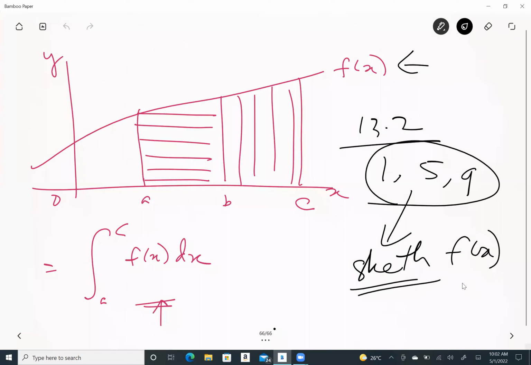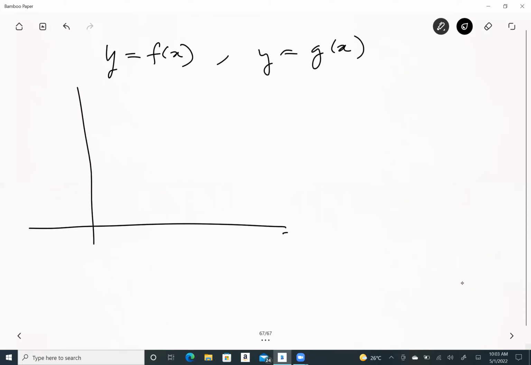Okay, so let's see. We have two functions. Let's say y equal to f of x, and then I have another one, y equal to g of x. Suppose they look like this.